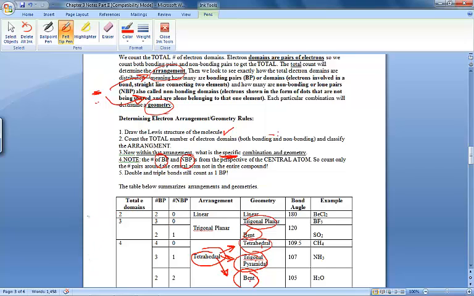And last of all, the reason why we use the term domain here to represent pairs is because a domain represents a type of bond, if you will, or a lone pair. That in turn just simply means that a double bond and a triple bond represent one bonding pair or domain.